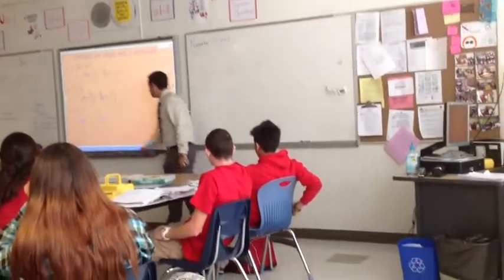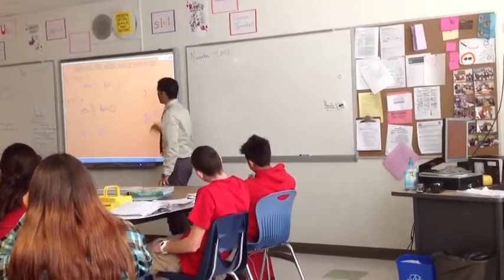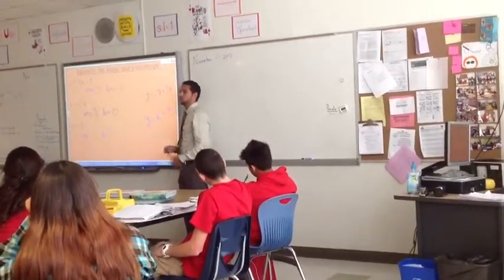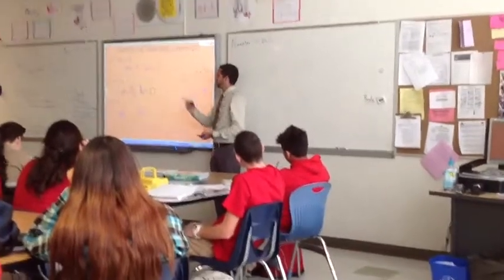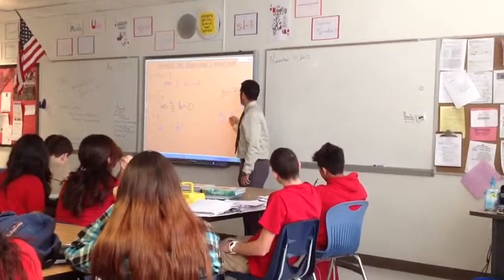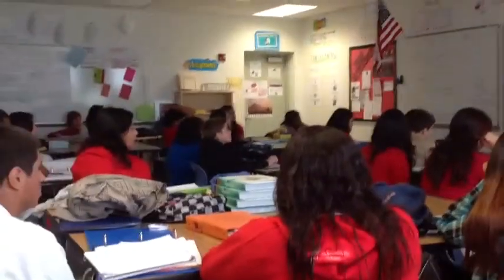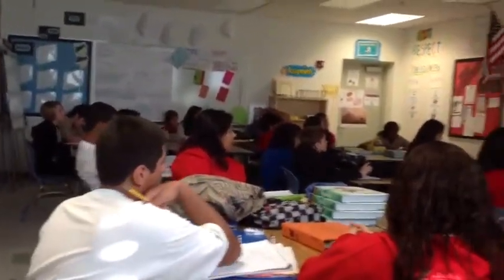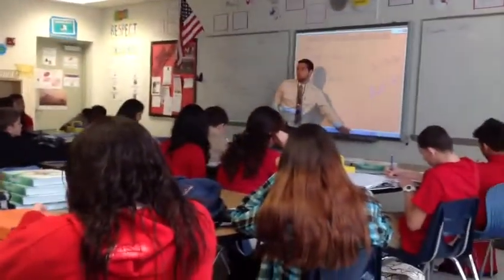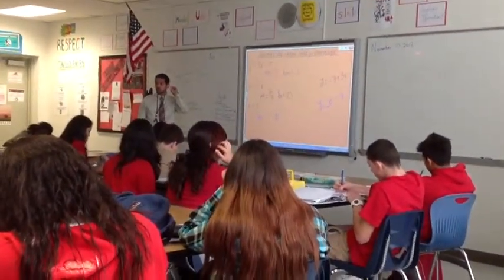So what if I have this? What is my slope? One. Why? Because it's invisible, but it's always there. Very good. We always assume there's a 1. If there's nothing at all, then it's 0. So if you're multiplying, then it'd be a 1, and if you're adding and subtracting, it'd be 0.